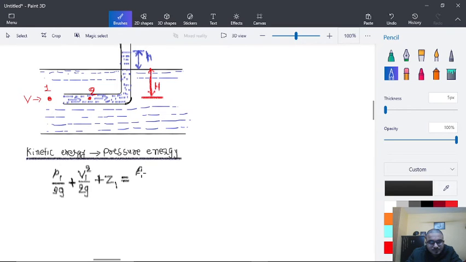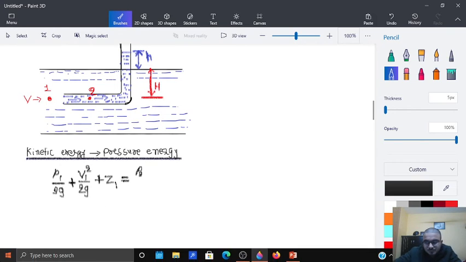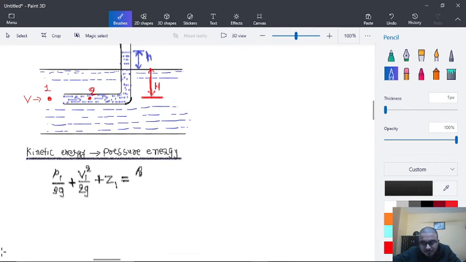is equal to P2 upon rho g plus V2 square upon 2g plus Z2.